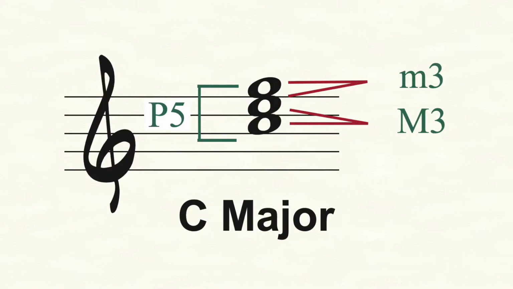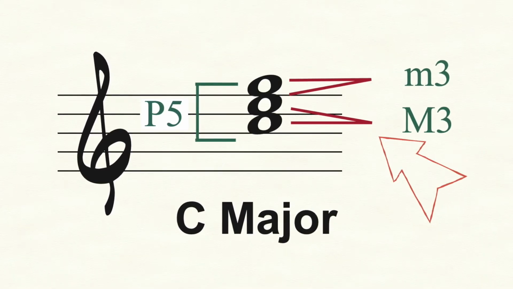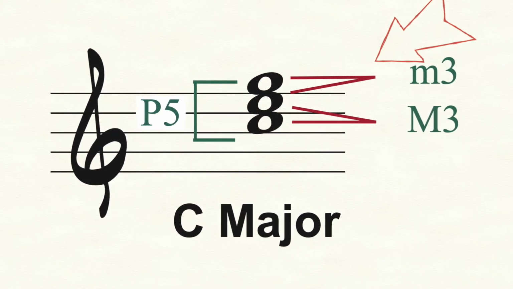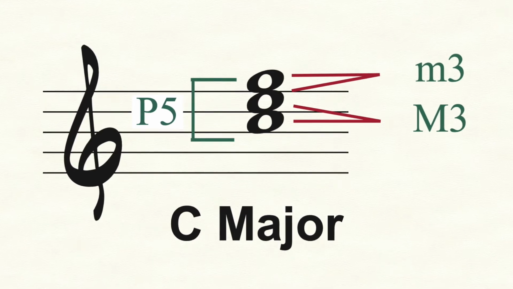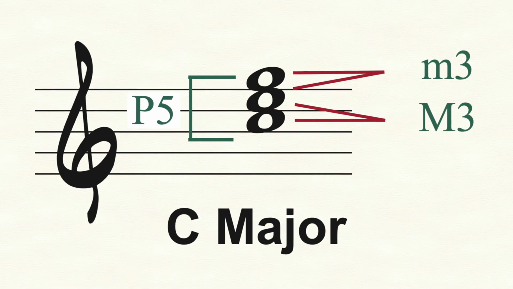Now let's look at the interval relationship between these notes. Using C major chord, we notice that the interval from C to E is a major third. And the interval from E to G is a minor third. So we have to have a major third and a minor third stacked on top of each other, or major third, perfect fifth.